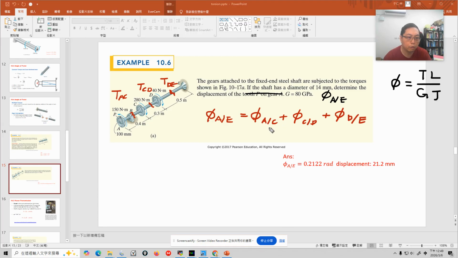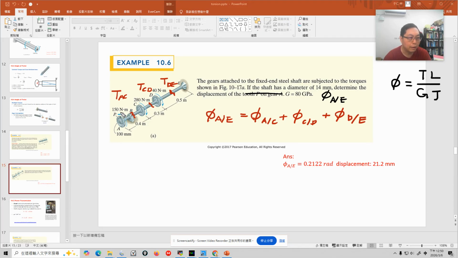We want to calculate the local deformation in the AC section, CD section, and DE section, so we also need the values of TAC, TCD, and TDE. Then we can get φAC, φCD, and φDE.